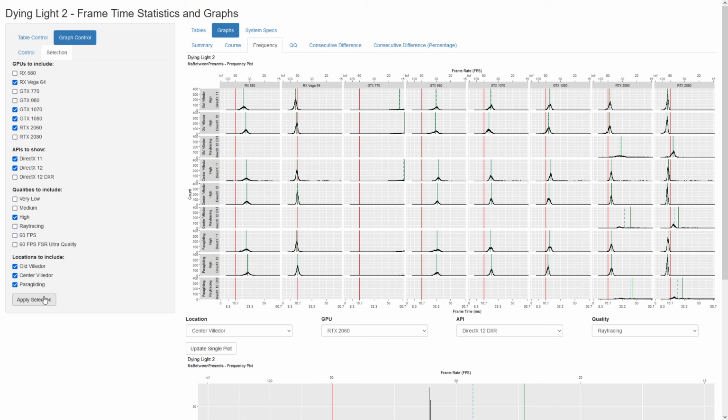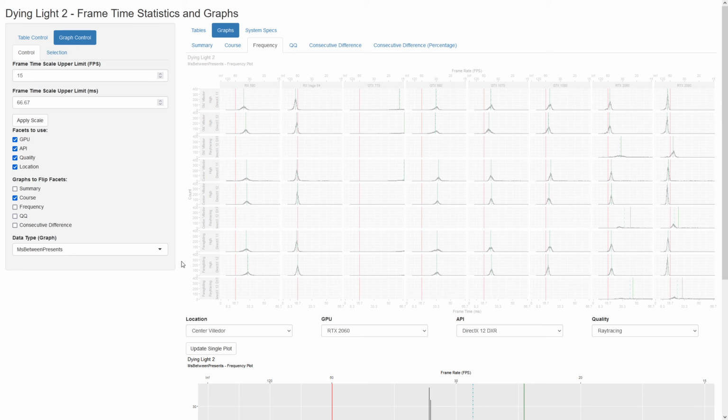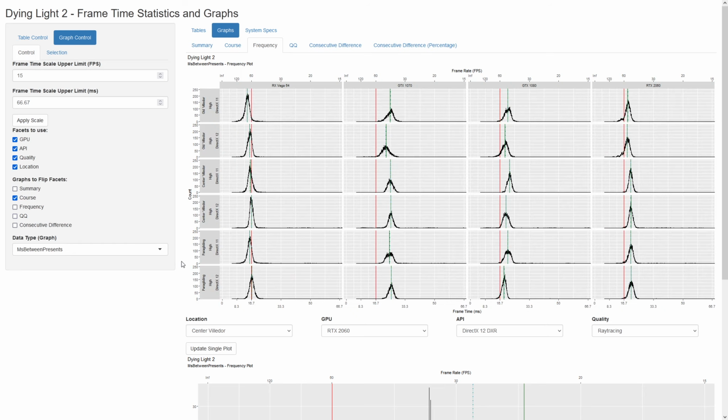Okay? And turn that off as well. So we do that. It has to redraw it all. Okay. So, just these. And now, because it's adjusted the scales, we get a better look at some of them and see that the VX64 beat the 3 NVIDIA GPUs here quite handily, which did surprise me.